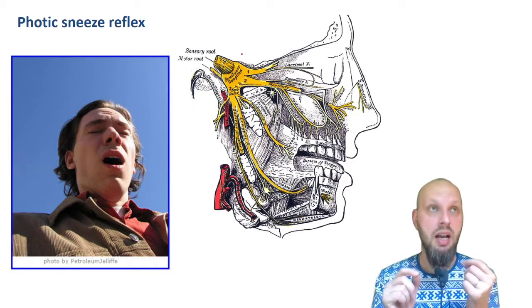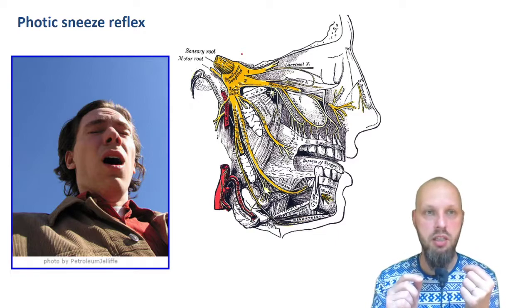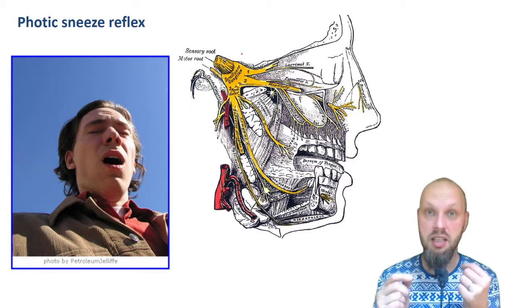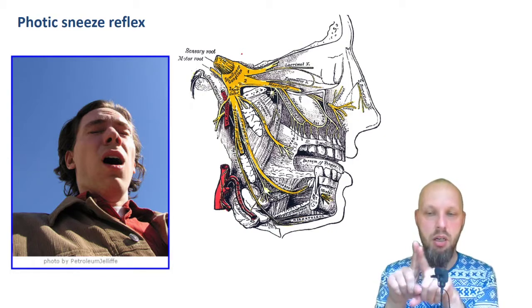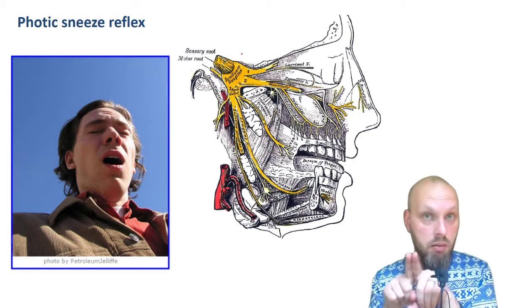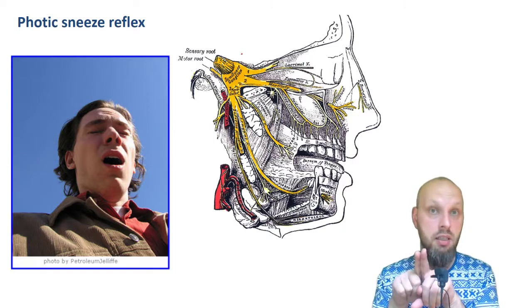And so allegedly, although my understanding is that it's not quite proven, the photic sneeze reflex, so people sneeze sometimes or find it easier to sneeze when they look at the bright light, happens because there is a little bit of short circuiting between these not quite myelinated axons.